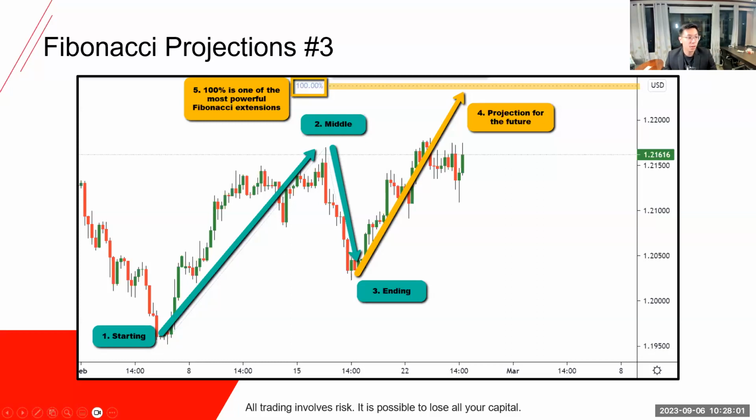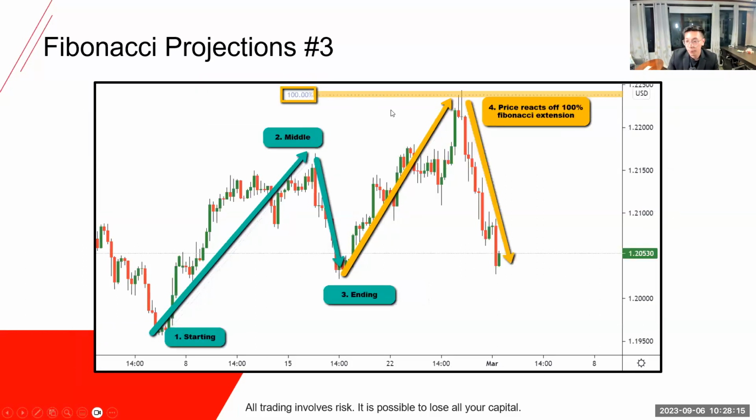Notice the clear movement in price structure, which our Fib projection trend line follows. We are projecting a reversal off the 100% Fib projection right here. Let's see how it plays out. You can see right here, price actually reacted off the 100% Fib extension level and reversed all the way down.